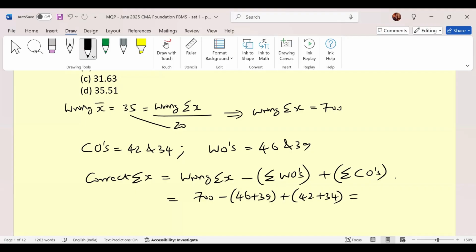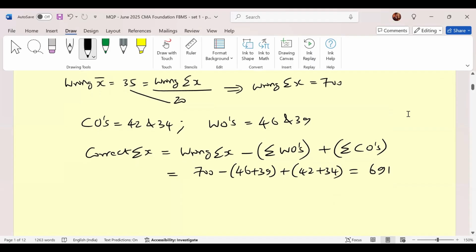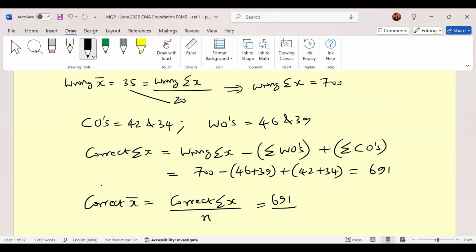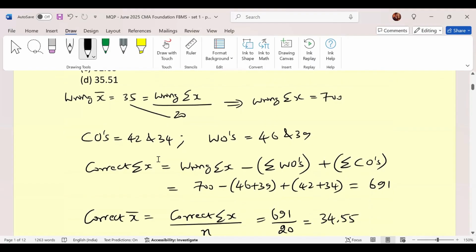If we calculate this, we will get 691. Therefore, we can say correct X bar is correct summation of x by number of observations. Here it is 691 divided by 20. That will give us 34.55. Means our option is A. A is the right option.